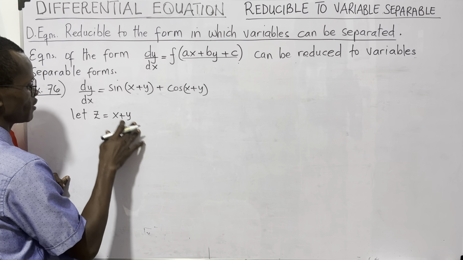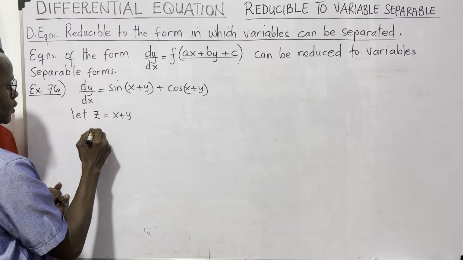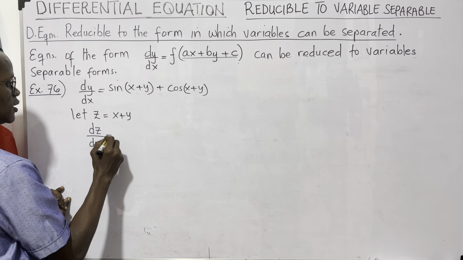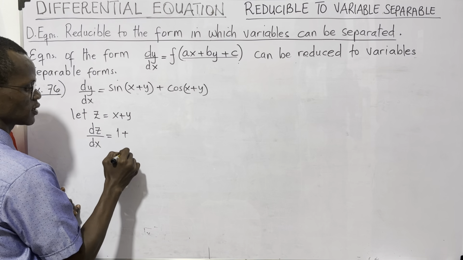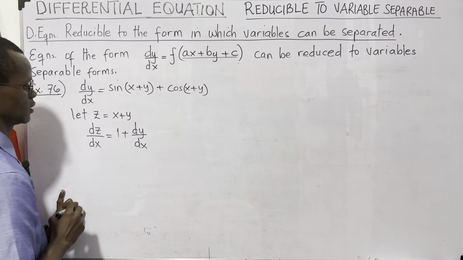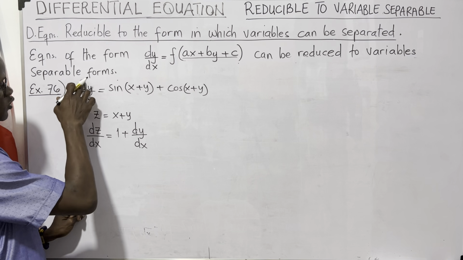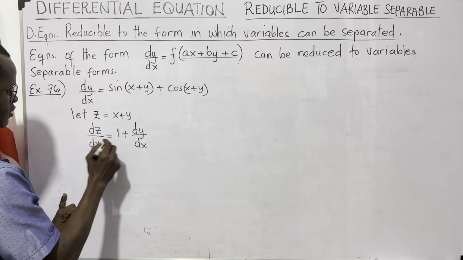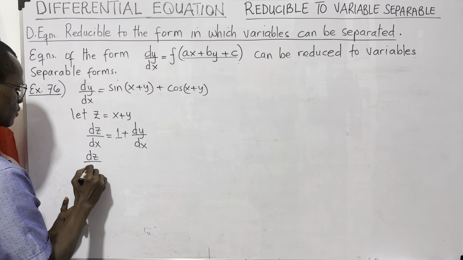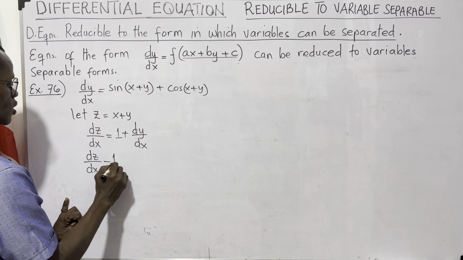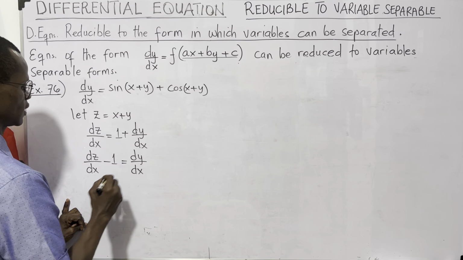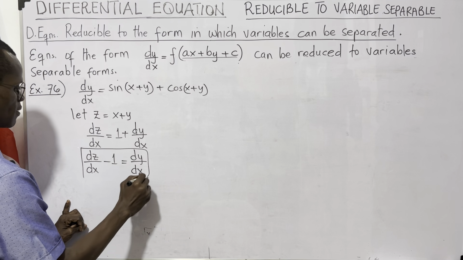We differentiate both sides to find dy by dx. So dz with respect to dx is equal to 1 plus dy by dx. The next goal is to solve for dy by dx. So we send this one across. It becomes dz over dx minus 1 equals dy by dx, right?